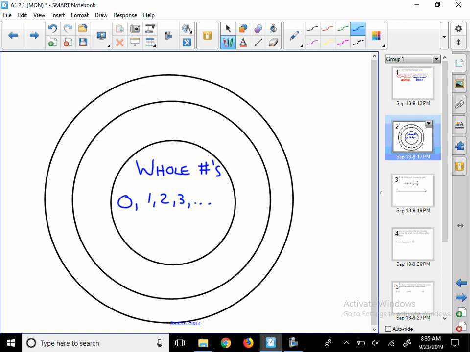The next type of number that we're going to look at is called the integers. Integers are what I just showed you on the last slide in that number line. So it is positive and negative numbers: negative 3, negative 2, negative 1, 0, 1, 2, 3.